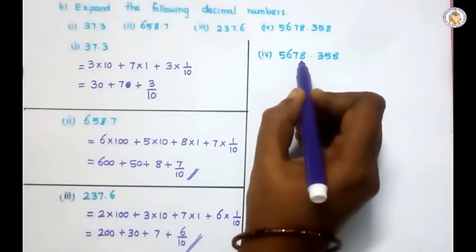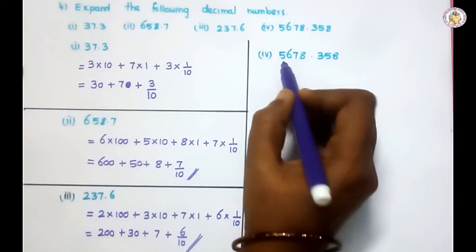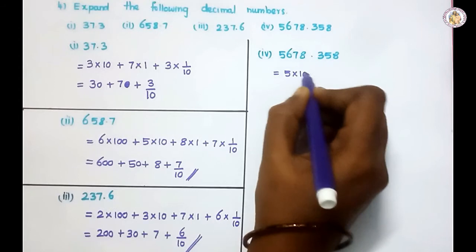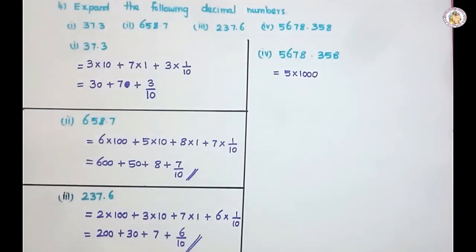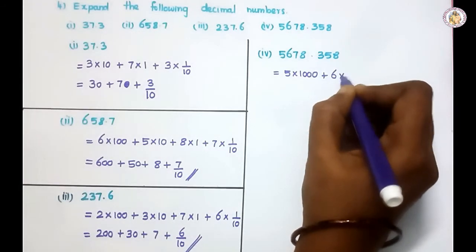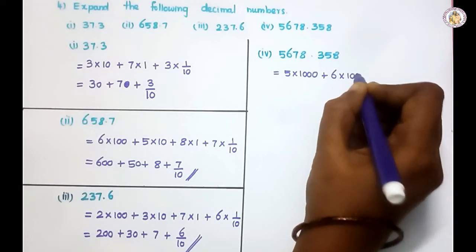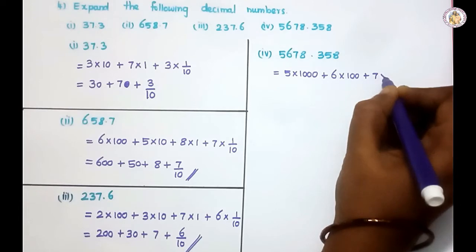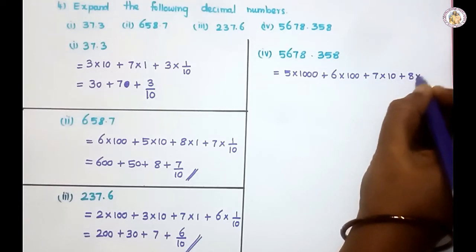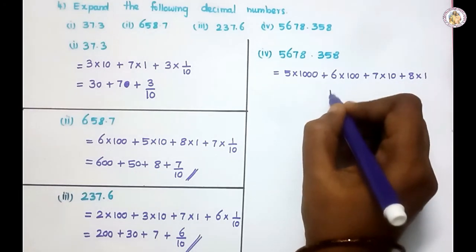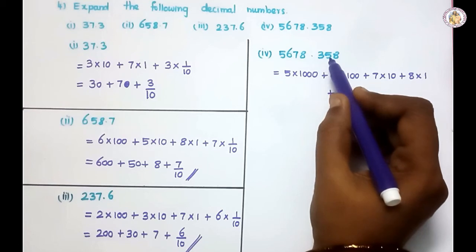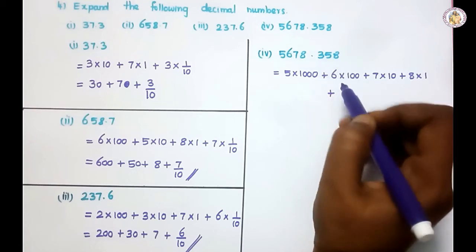Next sum, 5678. So ones, tens, hundreds, thousand. 5 into 1000 plus 6 into 100 plus 7 into 10 plus 8 into 1 plus here tenth, hundredth, thousandth.